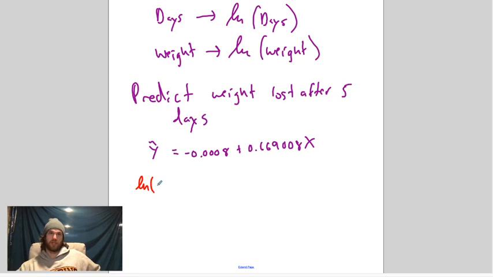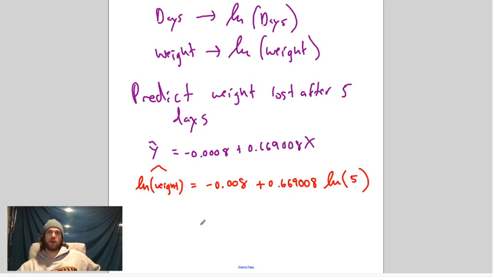But remember, when I plugged the data in, y hat is actually the predicted natural log. You're predicting the natural log of the weight. Okay. Minus 0.008 plus 0.669008, and that's the ln of days. Well, how many days? 5.